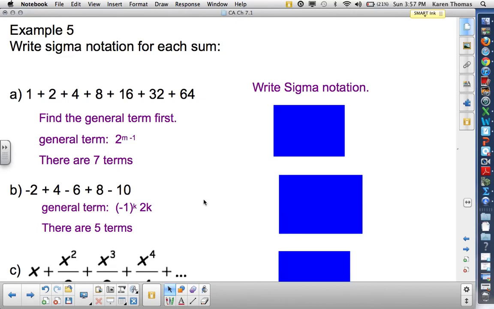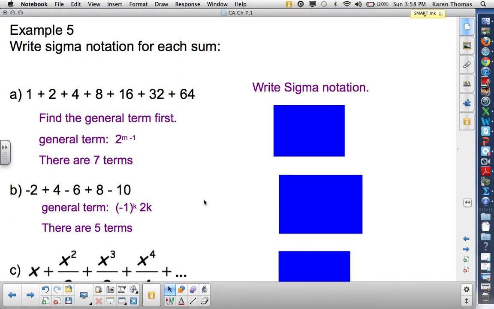And last but not least, we're going to write sigma notation for each sum. These are your steps. We have a sequence here of numbers 1, 2, 4, 8, 16, 32, 64. Before we can write sigma notation, we need to find the general term. I found the general term for this particular sequence to be 2 to the m minus 1.